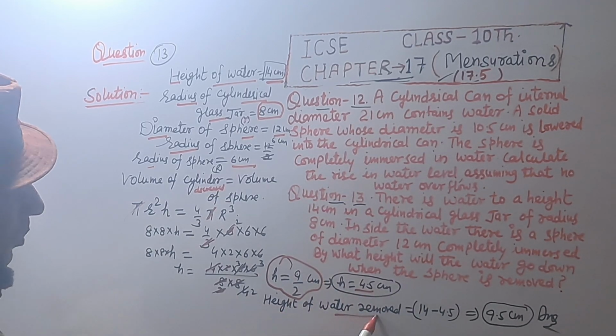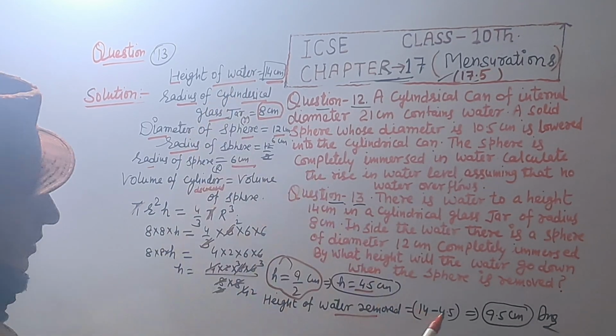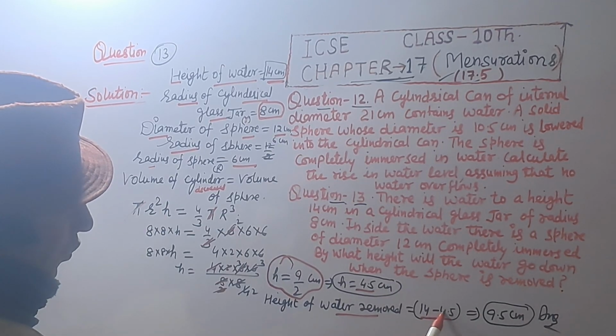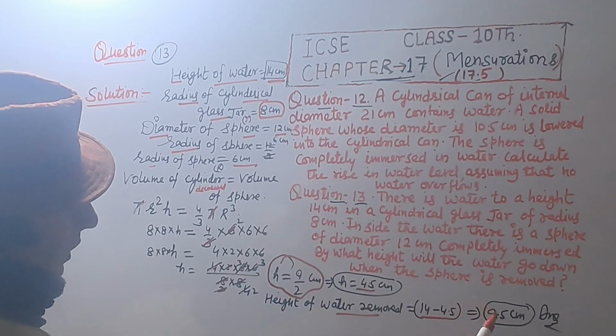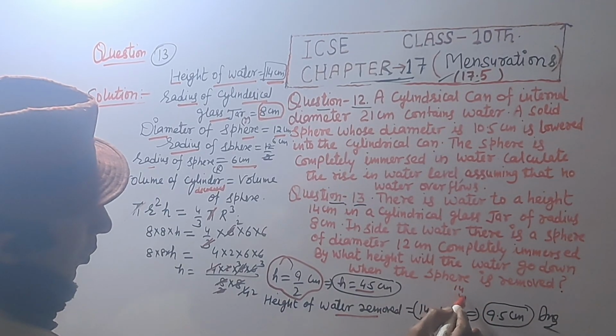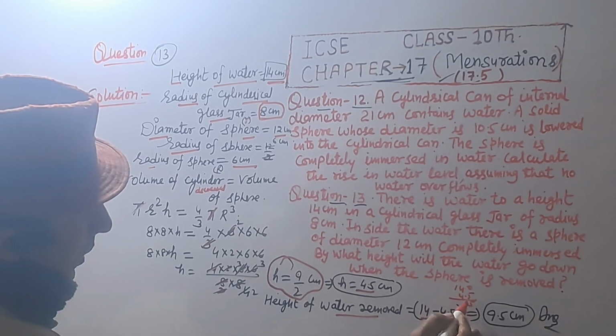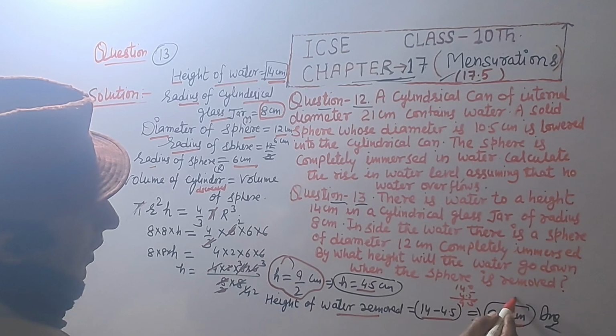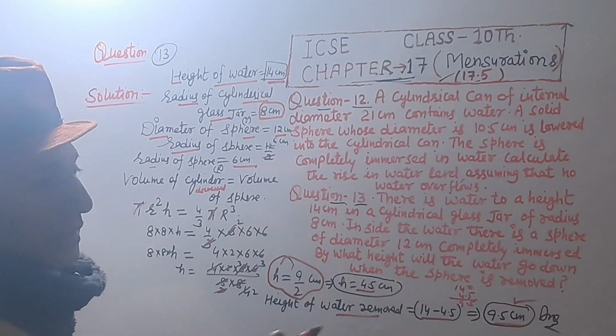Height of water removed is equal to 14 minus the decreased height 4.5, that is equal to 14 minus 4.5, equal to 9.5 centimeter. Answer. Thank you.